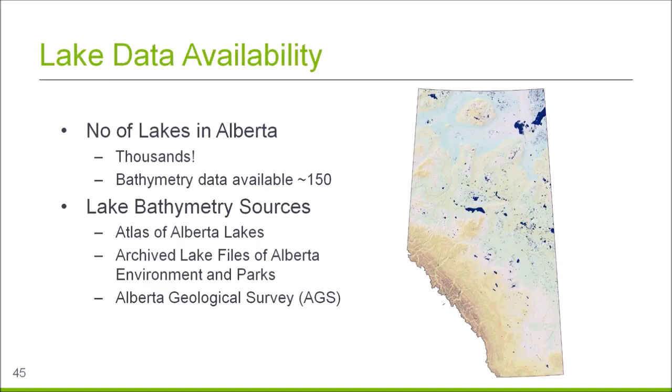If you look at this map, every single dot or shaded area in blue is a lake. We have many lakes in Alberta, but we only have bathymetry data for about 150 lakes. So we cannot use bathymetry data to find out volume or water availability information for all of the lakes, right?